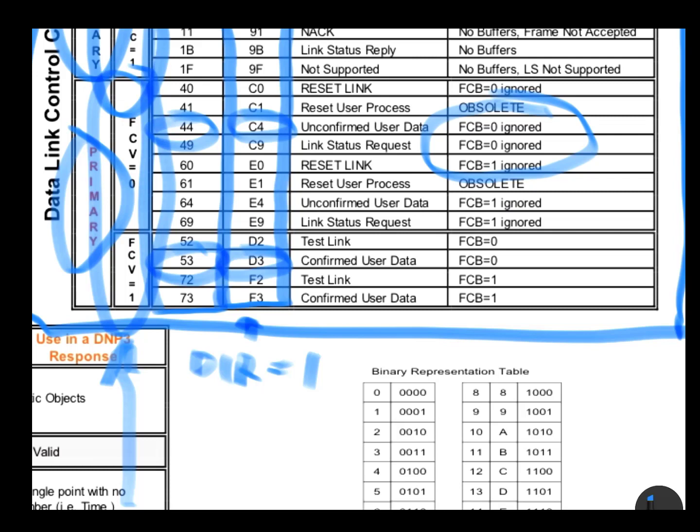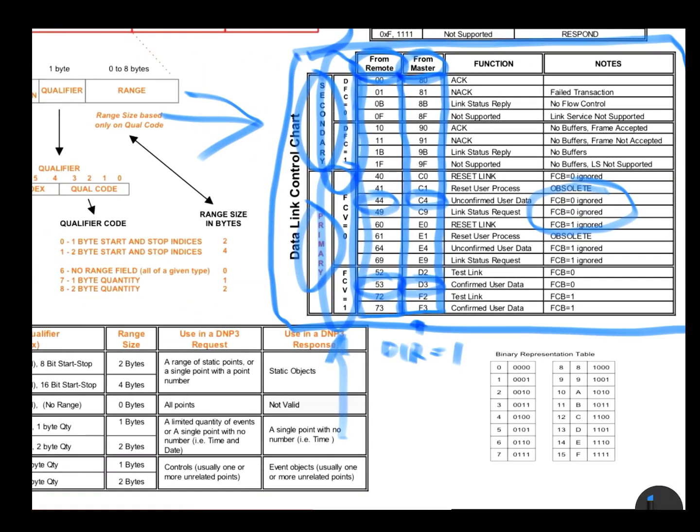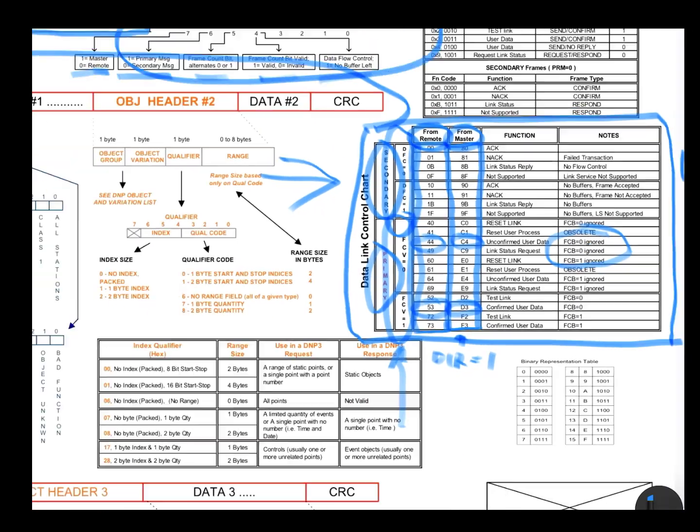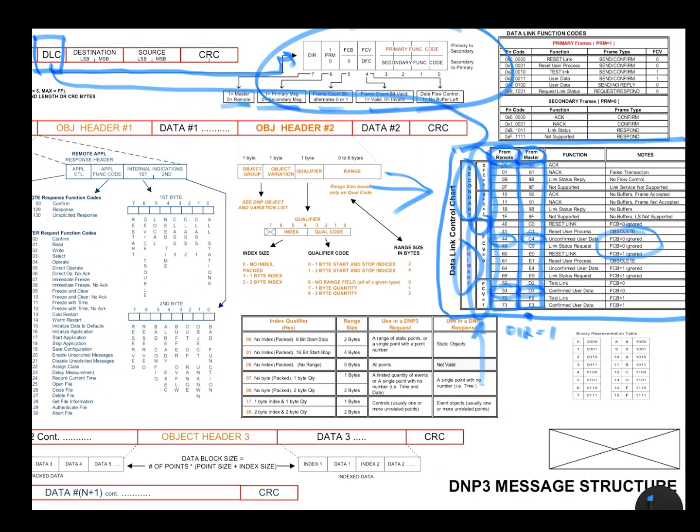That means that there wasn't any confirmation process going on, so none of those bits needed to be considered when it comes to any level of confirmation from the data link header.